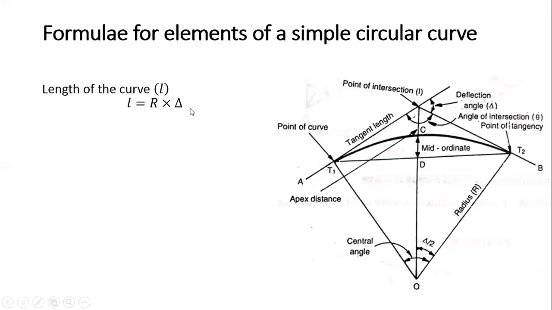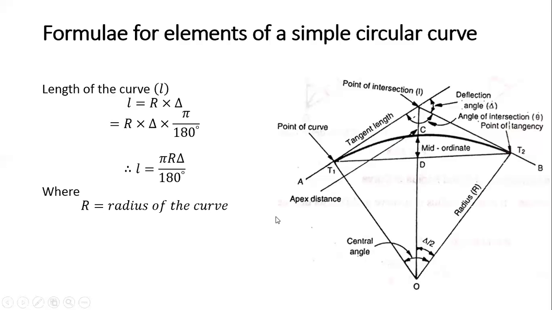Now you have to convert this delta from degrees into radians, so L equals R into delta into pi upon 180 degree. So L comes out to pi R delta upon 180 degree. This is my formula for calculating the length of curve, where R is the radius and delta is the deflection angle in degrees.